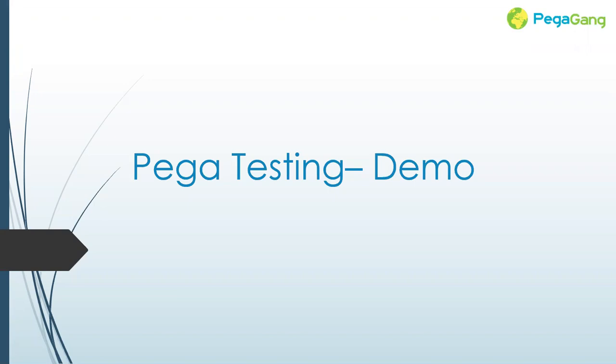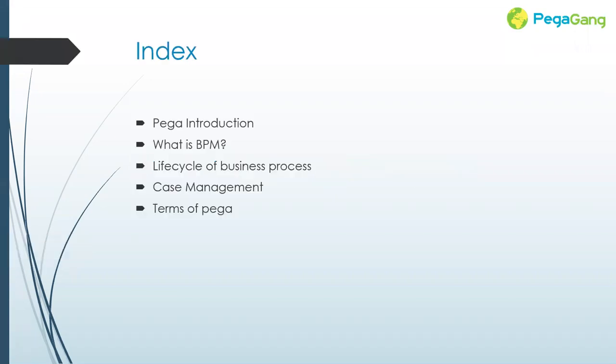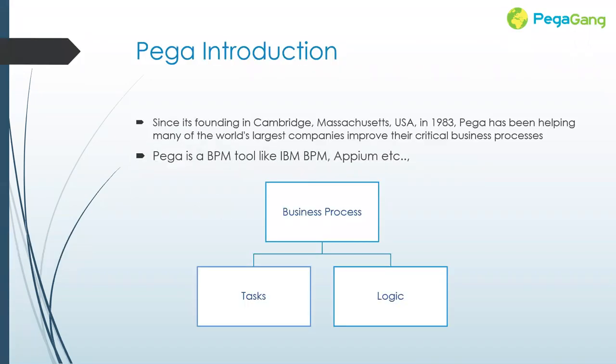As I said, Pega is a business process management tool. Before we understand what a business process management is, we'll understand what a business process is. A business process is the involvement of tasks and logic. This is a simple Pega introduction.